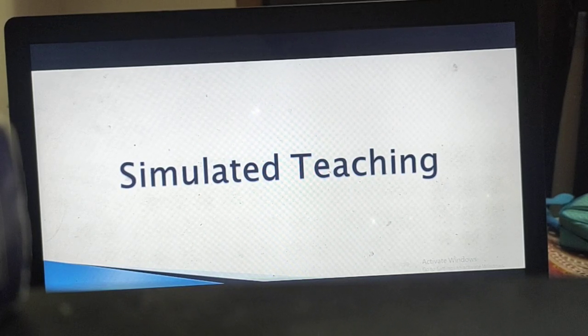Micro-teaching is very important in the teaching learning process because it scales down the teaching.